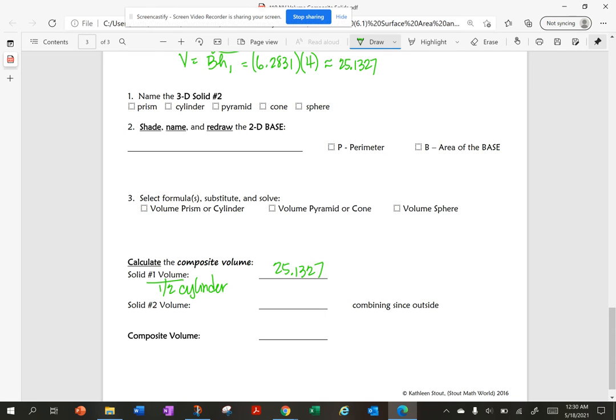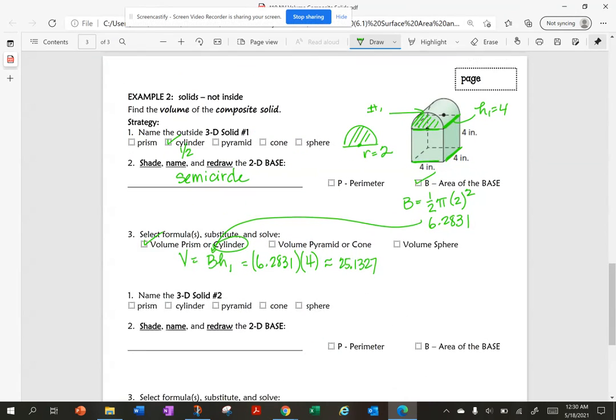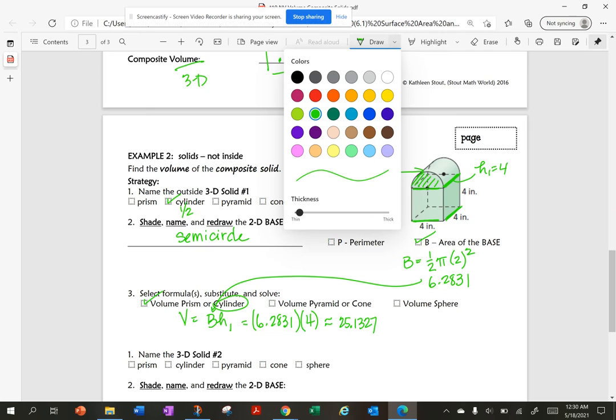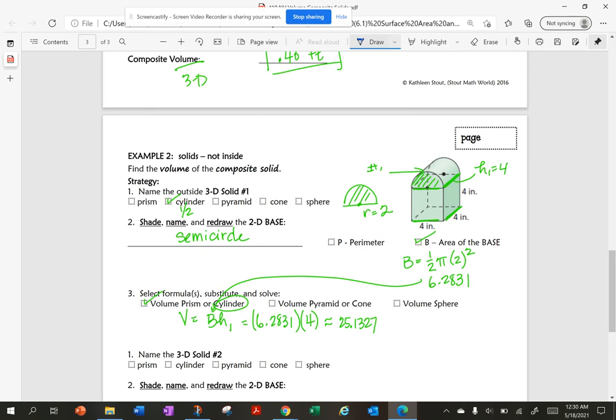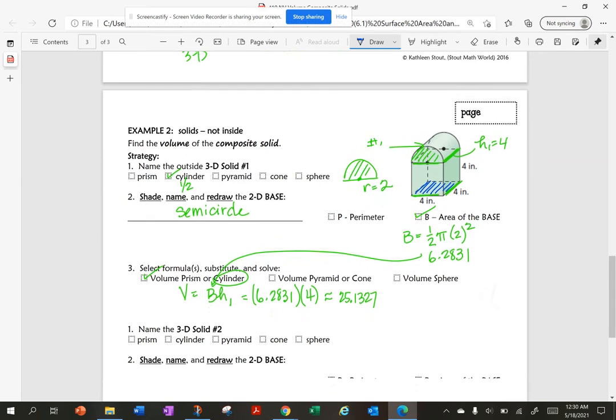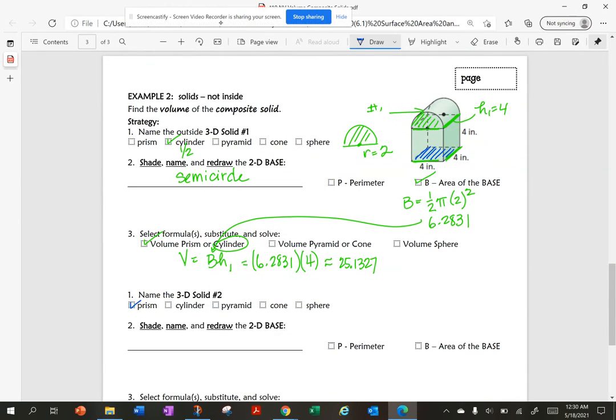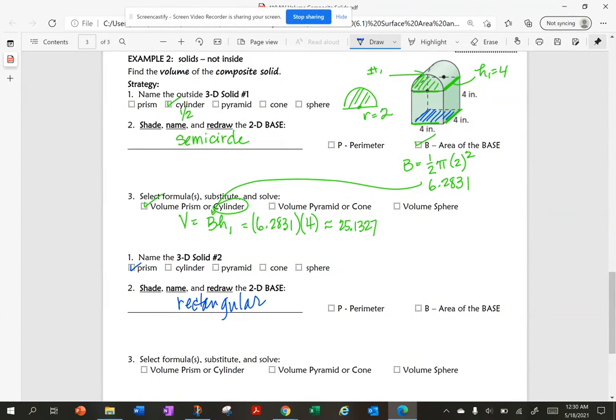All right, so let's do the rectangular prism. Here is my base. My second one is going to be a rectangular prism. My base is 4 by 4.